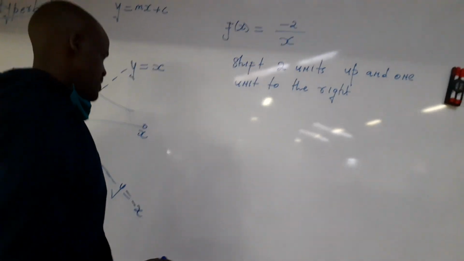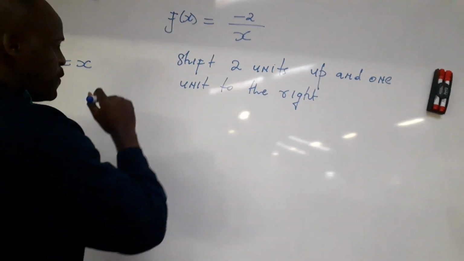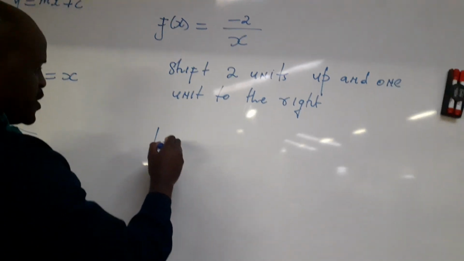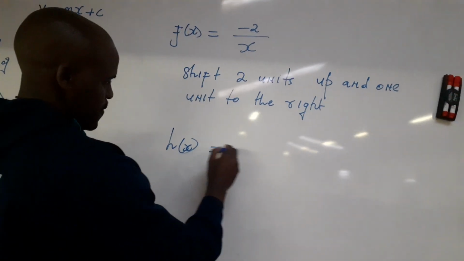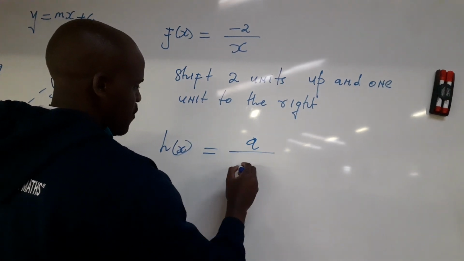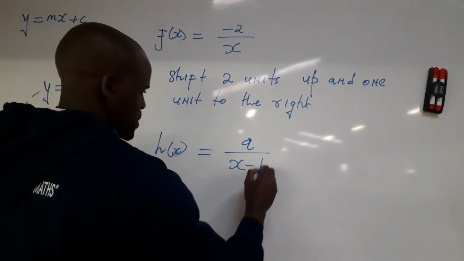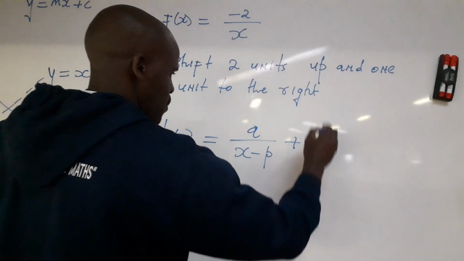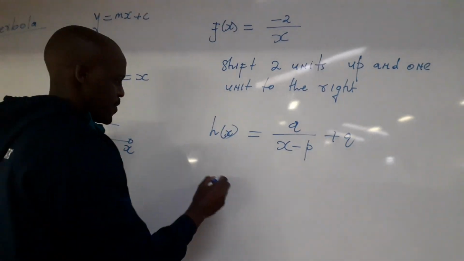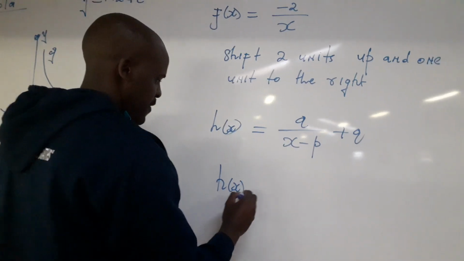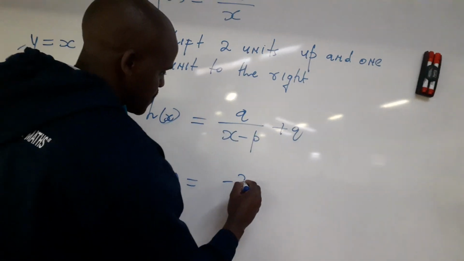Let's see. If we are to shift that, obviously it will change. Let's say it will change to be h of x, which is a over x minus p, plus q. We've got the value of a. The value of a is negative 2.